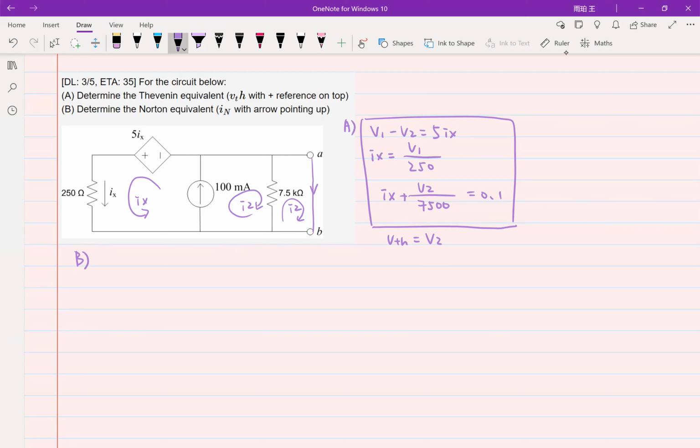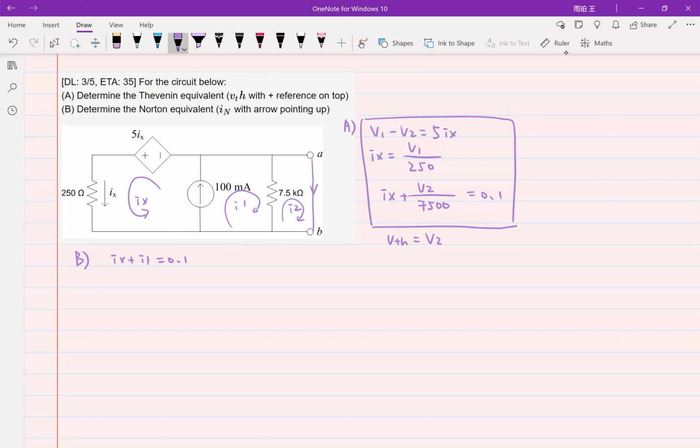Now we can see there is a current source between I1 and Ix. So we have to do a supermesh between these two meshes and extract information from the current source. So here we have Ix plus I1 equals 0.1 amperes.